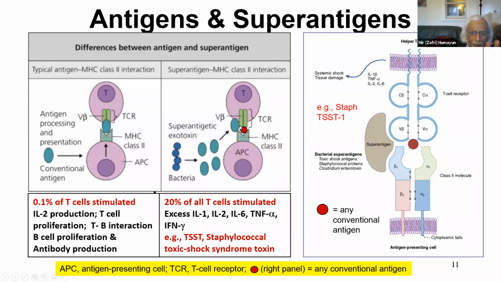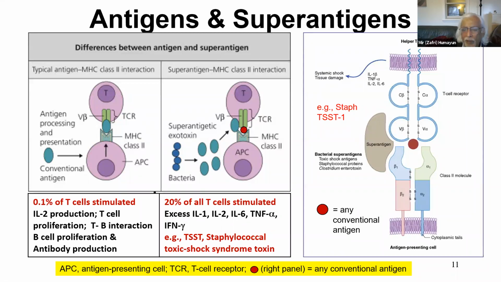Anyway, the superantigen, which is shown as the green oval, acts as a bridge that glues any antigen presenting cell, regardless of what antigen is held by the APC, to a T cell.